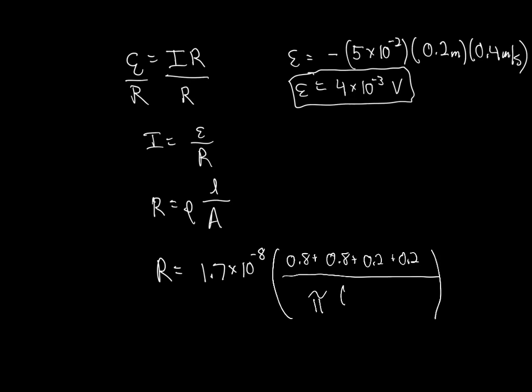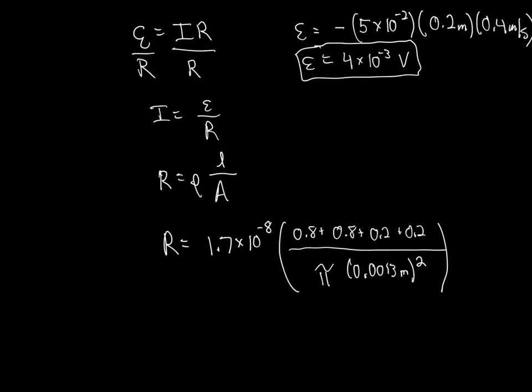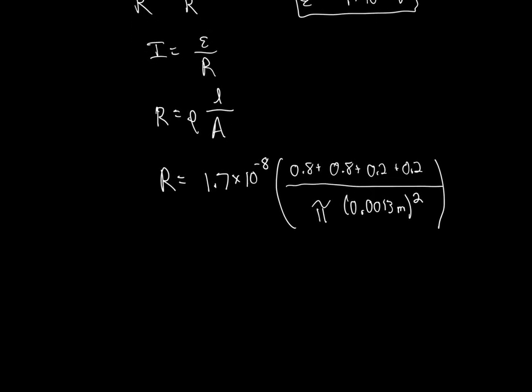Or we'll go with 0.0013 meters. This is 0.13 centimeters. Tiny, tiny little wire. So I can plug all these numbers in, and I get my resistance of 6.4 times 10 to the negative 3.